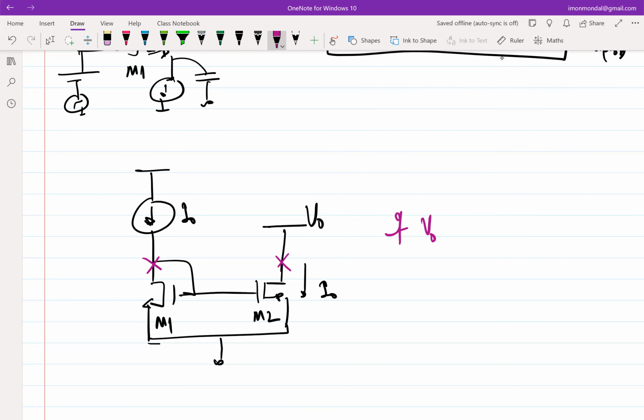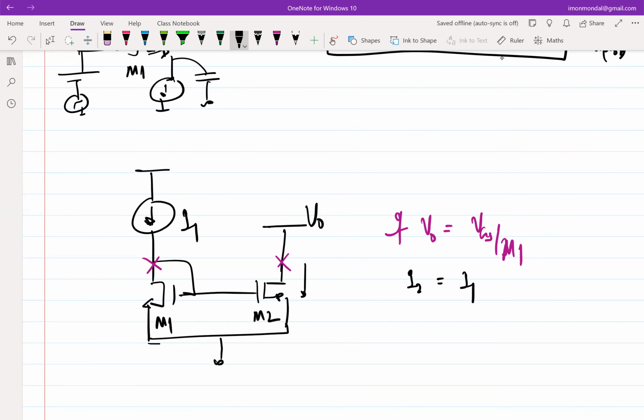So if V0 is equal to VGS of M1, let me call this I1 and that I2. Then I2 is equal to I1.